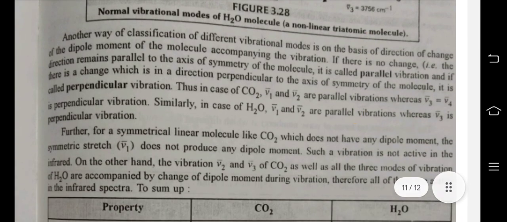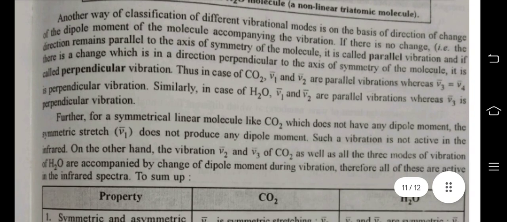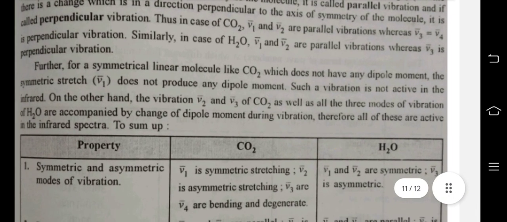Another way of classification of different vibrational modes is on the basis of direction of change of dipole moment of the molecule accompanying the vibration. If the change in direction is parallel to the axis of symmetry of the molecule, it is called parallel vibration, and if the change is in a direction perpendicular to the axis of symmetry of the molecule, it is called perpendicular vibration.